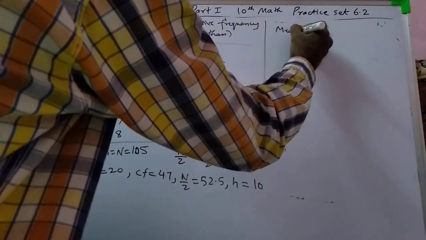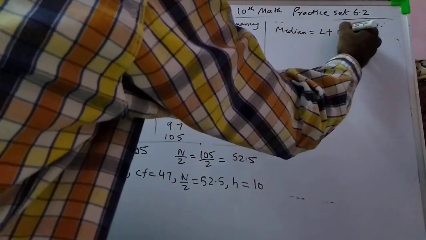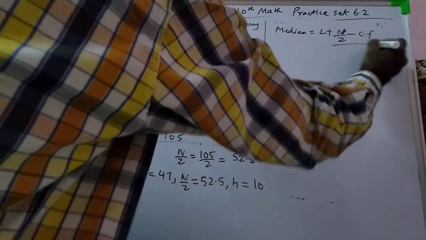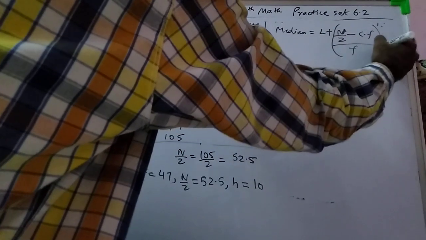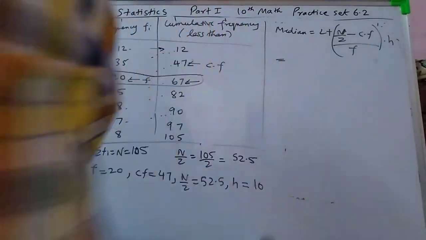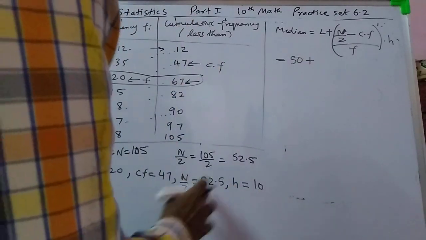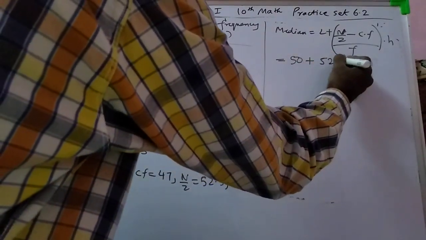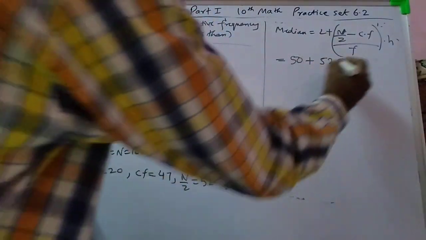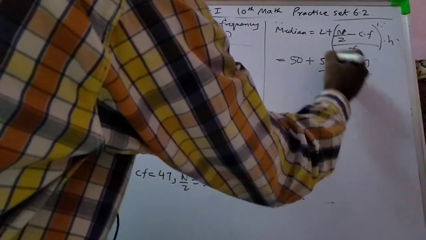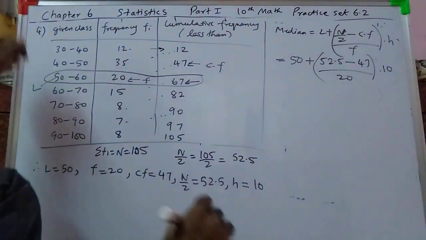Median is equal to L plus n by 2 minus CF upon F into H. That is equal to L is 50 plus n by 2 is 52.5, CF is 47, F is 20, H is 10. Okay.